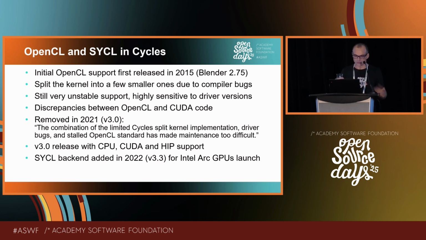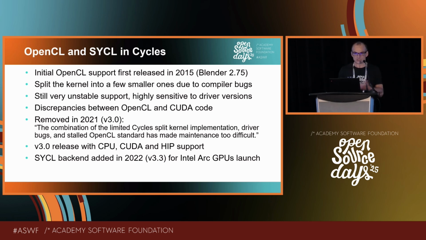And this is a quote: the combination of the split kernel implementation, driver bugs, and the OpenCL standard has made maintenance so difficult, and so they decided to drop the OpenCL backend with that refactor to the wavefront approach. So the wavefront kernel was then released with CUDA, HIP and CPU support.